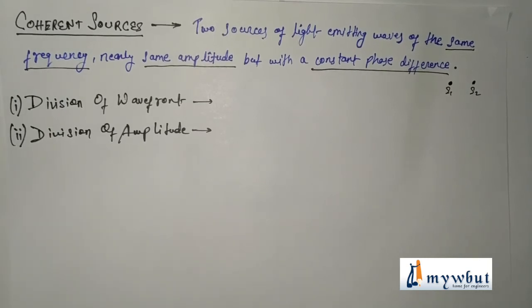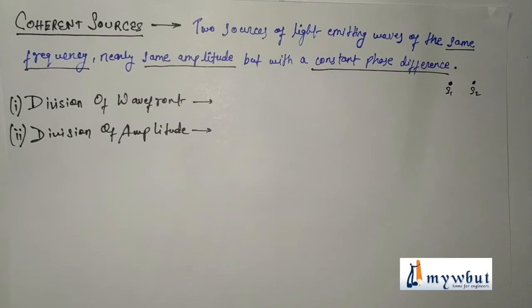So the first one is division of wavefront. What is the division of wavefront method? In case of division of wavefront, light from a single source is divided into two beams by the use of apertures or optical components which separate neighboring parts of the wavefront, and the separated beams are subsequently brought together.